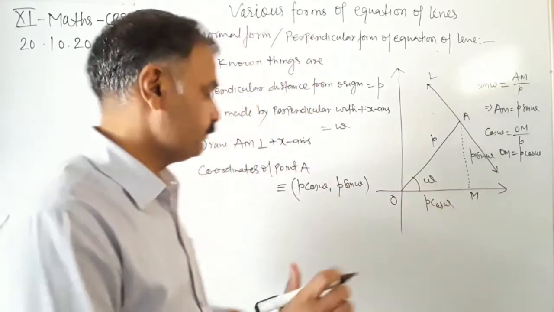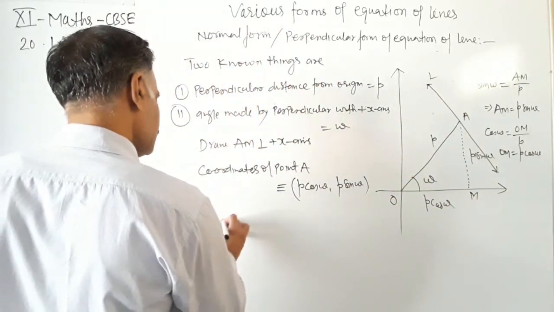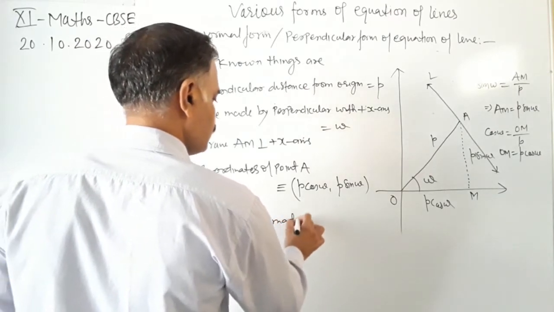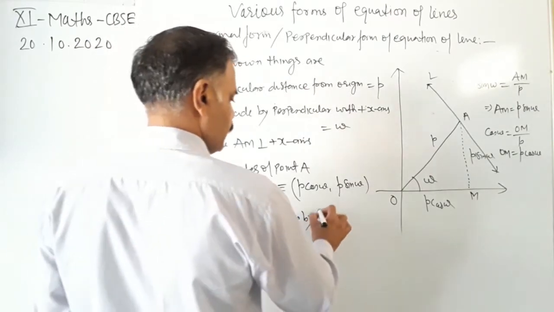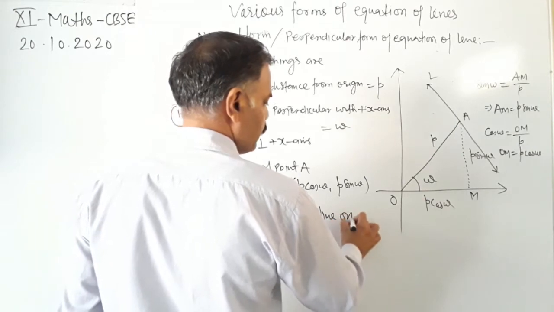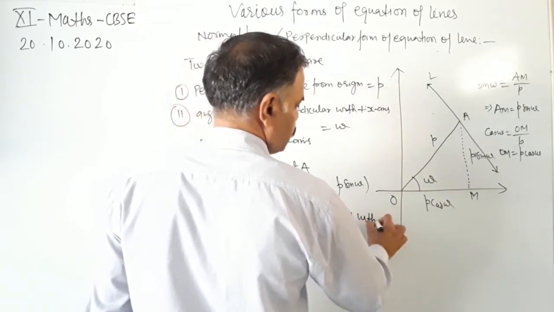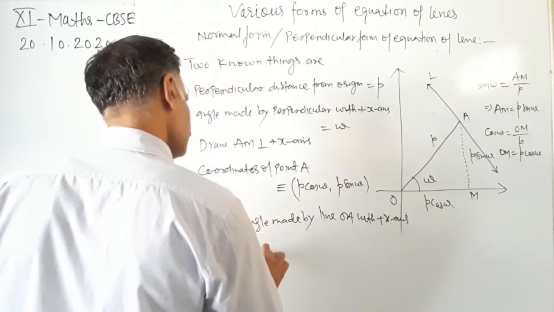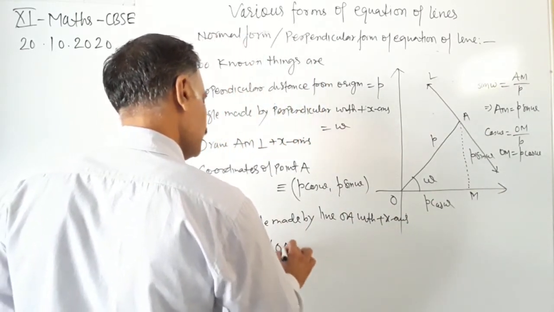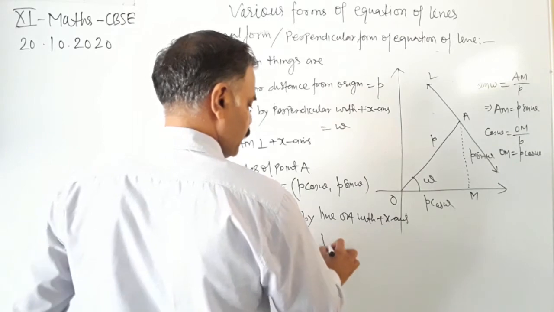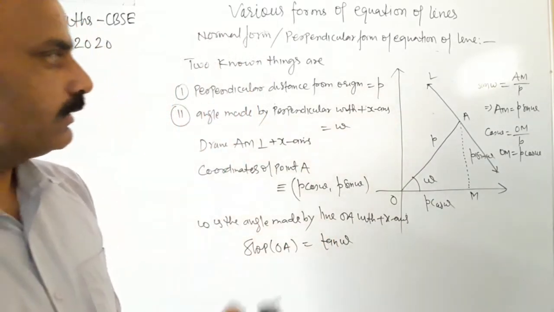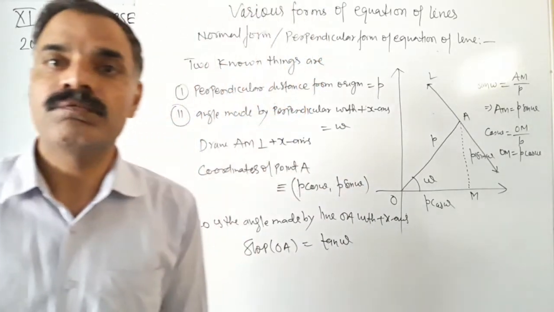So the slope of the line OA is equal to tan omega.